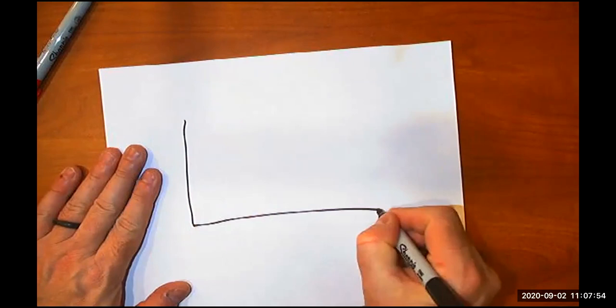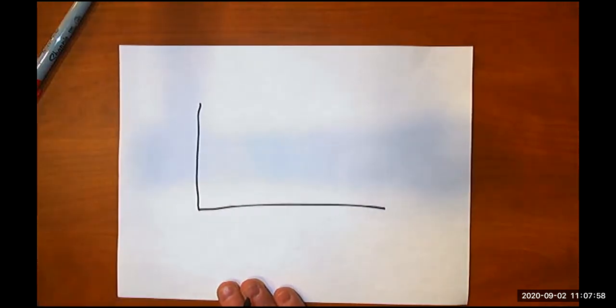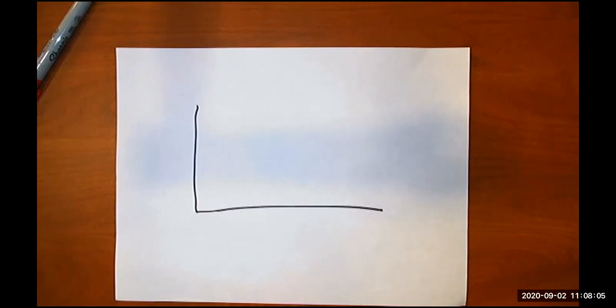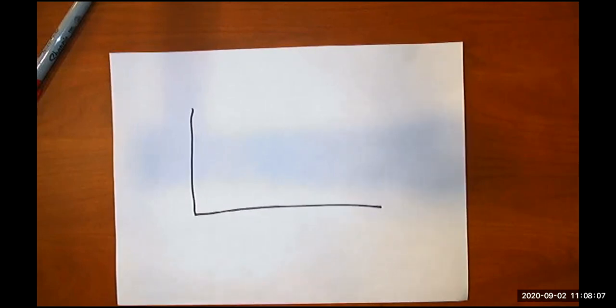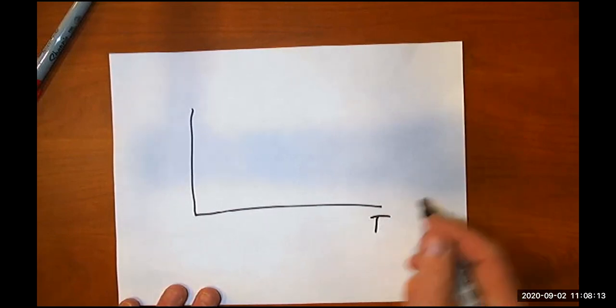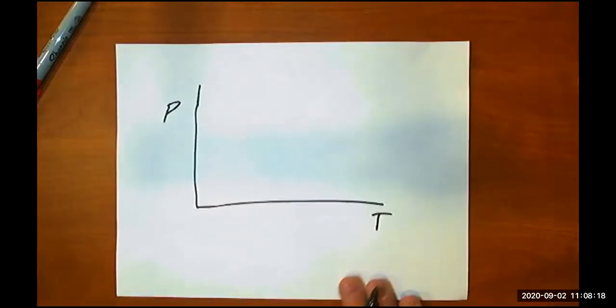So, first, what are the axes for a phase diagram? Yes. Temperature and pressure, right. So, which one are we going to put on which axis? I think we normally do temperature here and pressure here. Okay.